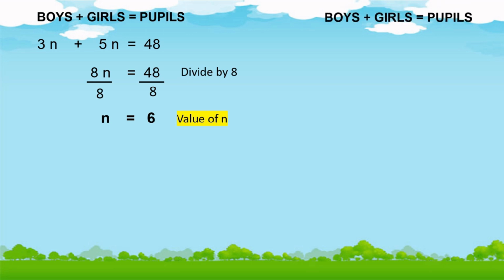Okay? So now we will get the number of boys and girls. Okay, so we have 3n plus 5n is equal to 48. We will substitute n for its value. So 3 times 6 plus 5 times 6 is equal to 48.